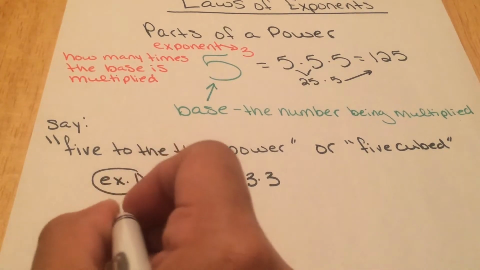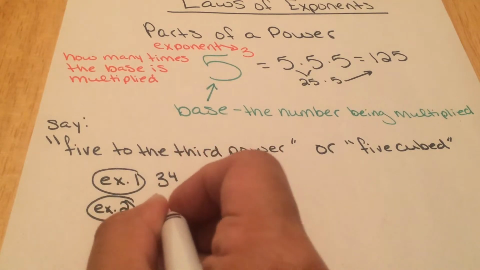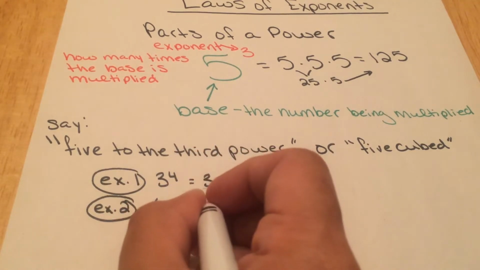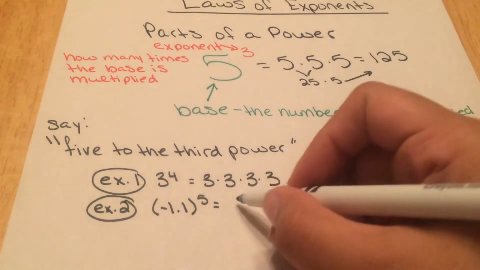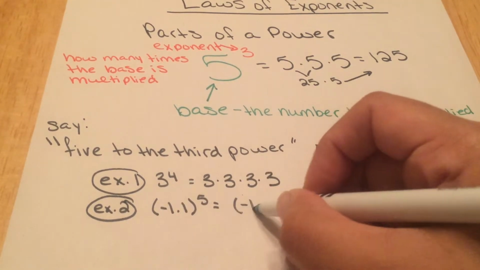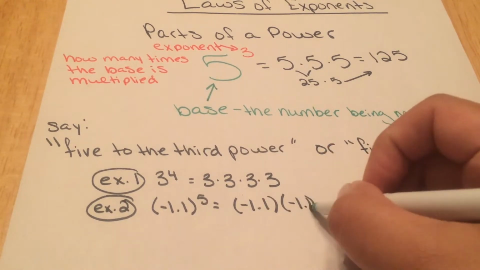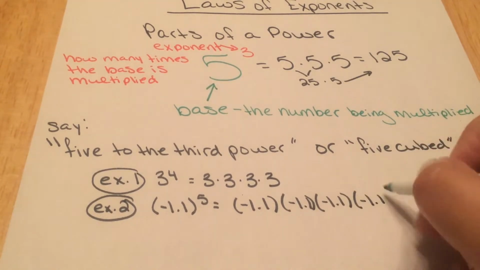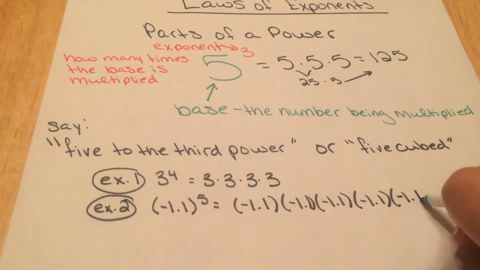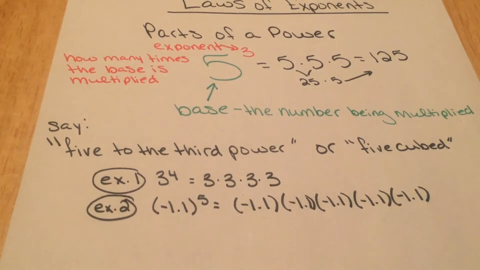The next example is -1 in parentheses to the fifth power. So this is going to be, I'm going to keep this in parentheses, -1 times -1 times -1 times -1 times -1. So we see it 5 times.